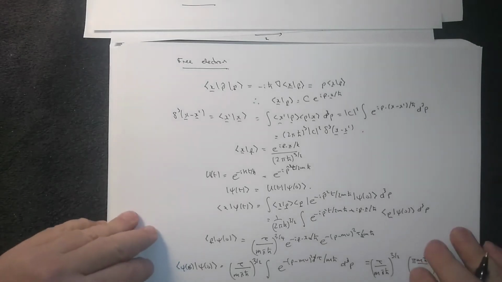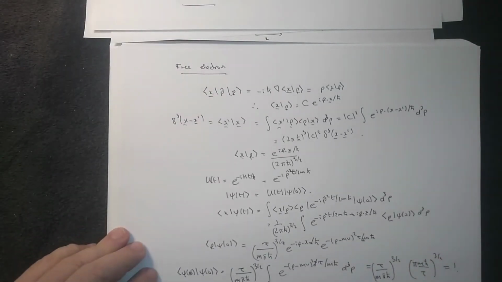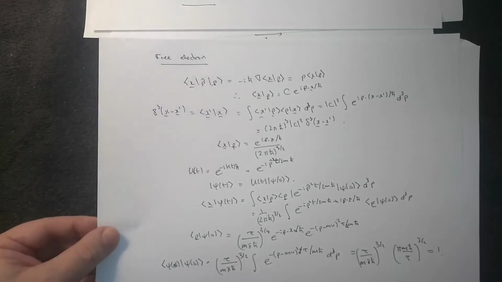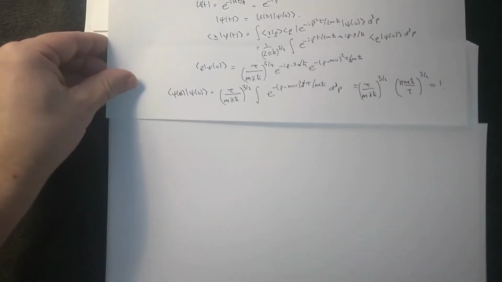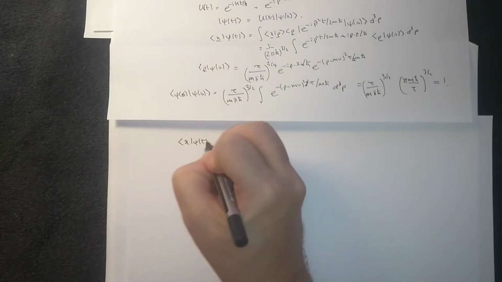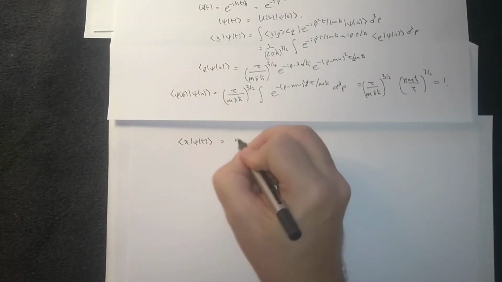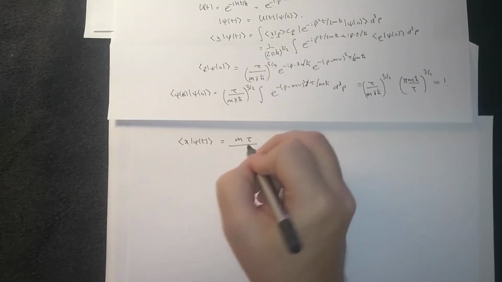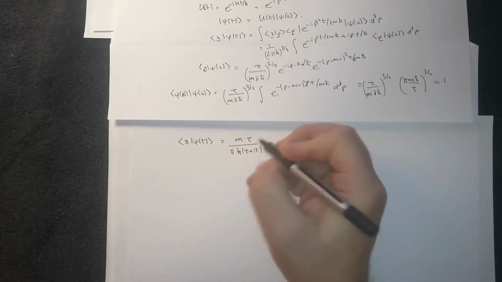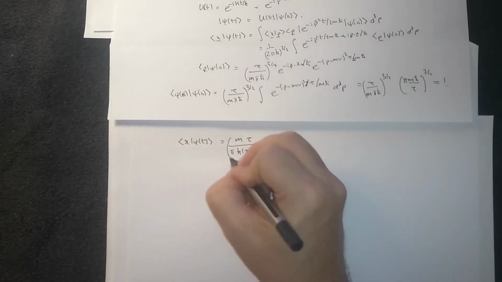Now if we want to, we can use this expression here to work out what the wave function of the free electron is. I'll write down the answer, but I won't go through the calculation because we're going to be doing something rather similar later on in the video.